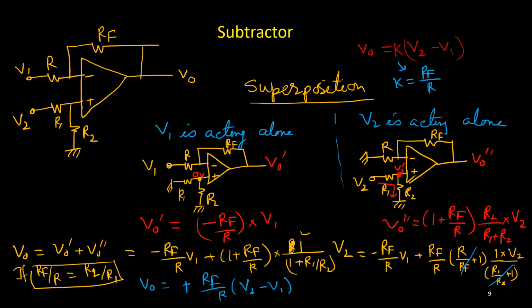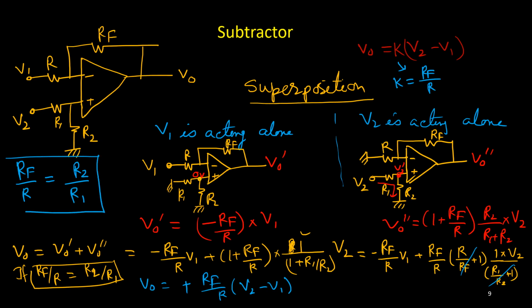So it is a subtractor along with some gain RF by R. But what is the condition? The condition is that this ratio RF by R should be the same as R2 upon R1. So you should keep in mind that RF by R should be the same as R2 upon R1.